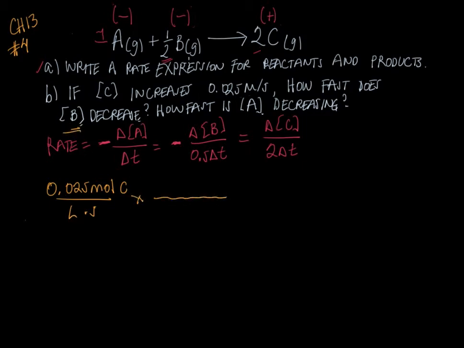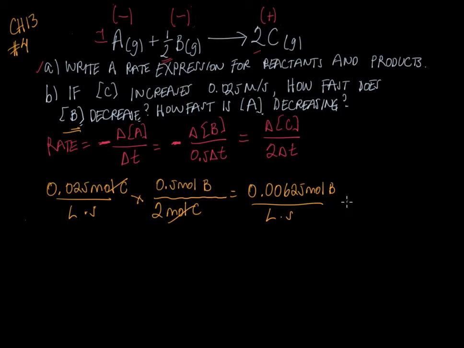So there's 0.5 moles of B reacting as 2 moles of C form. And go ahead and compute this out. And we get a value of 0.00625 moles of B per liter per second.